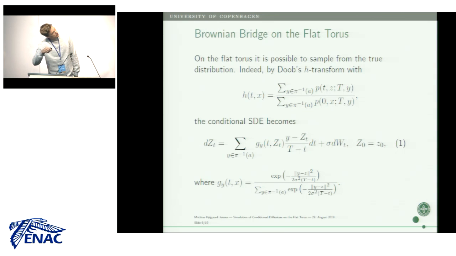This provides that it's a martingale, so we can use this Doob's transform, and then we get a conditional SDE, which is the lift of the Brownian bridge on the flat torus to the Euclidean space, where the drift term is now summed over all points in the pre-image set, and G here is just a normalizing constant. This term here is a vector pointing to each of the points in this conditioning set, and it is scaled by t, so we get a stronger drift as time moves on.